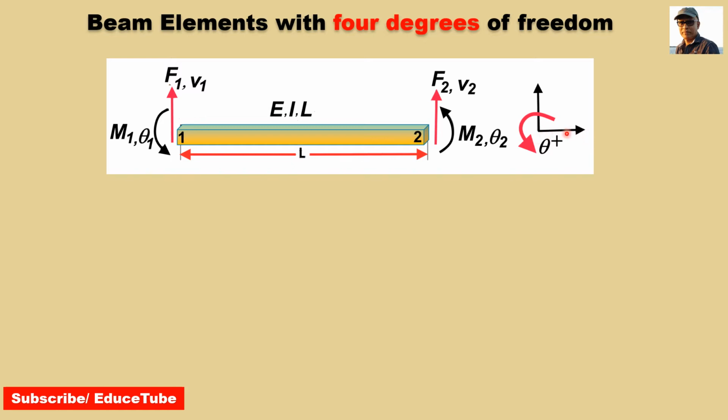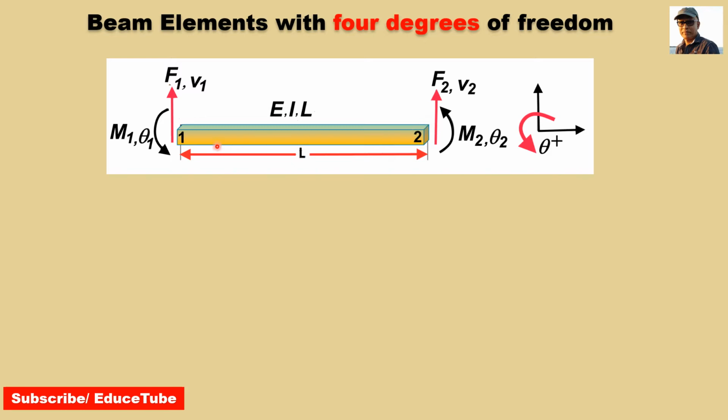It is taken parallel to the axis of the member, and a positive y-axis is taken perpendicular to the x-axis, and a positive sense of rotation is determined using the standard right-hand rule. Also, we can see that node numbers are assigned to the ends of these members. It's very clear.